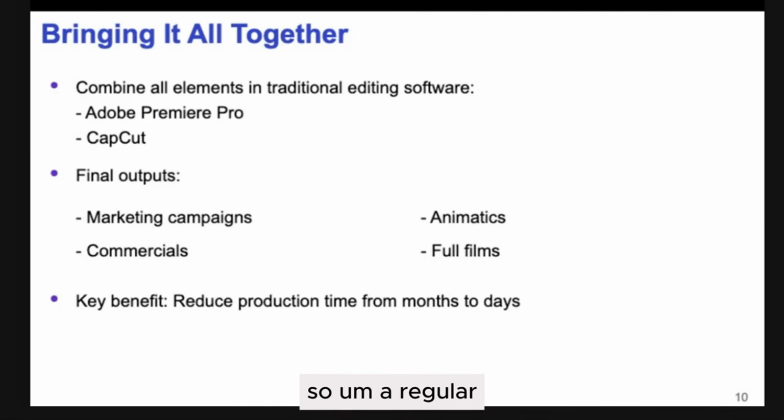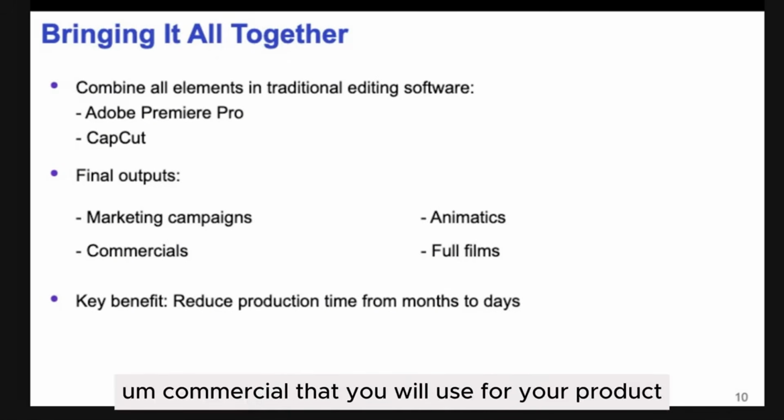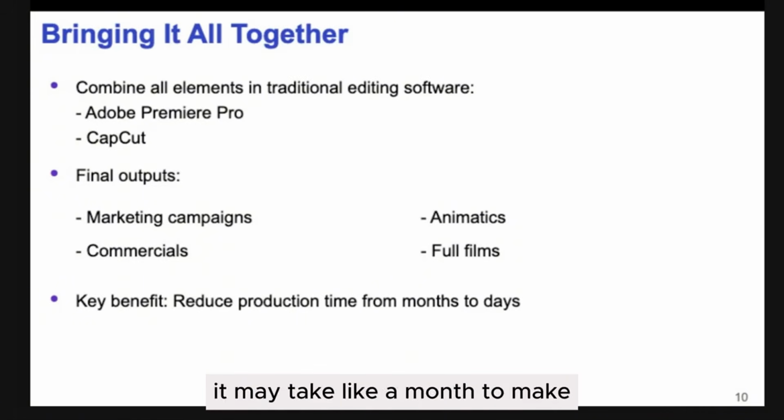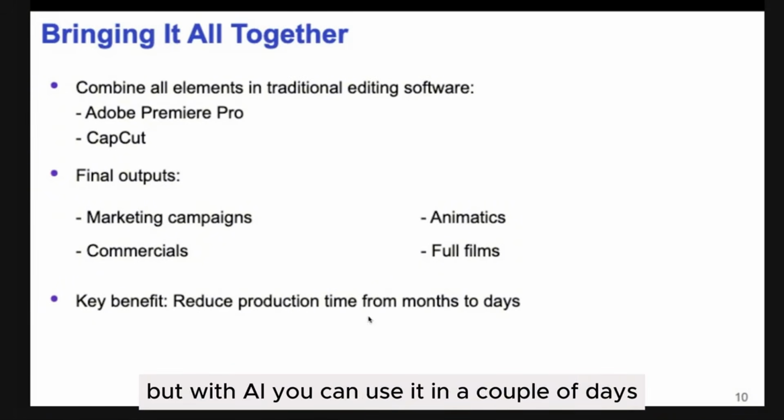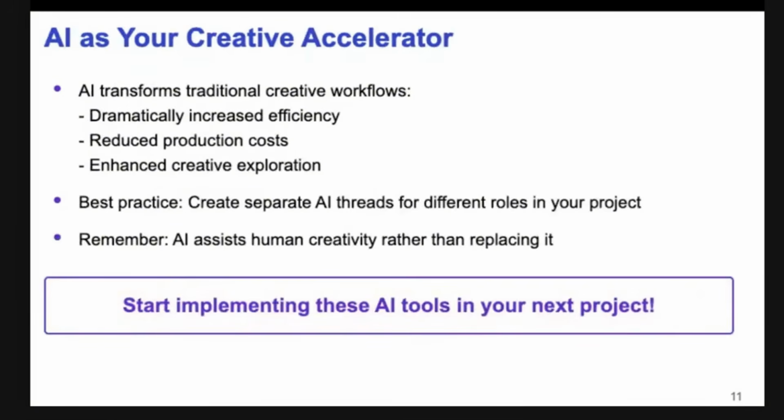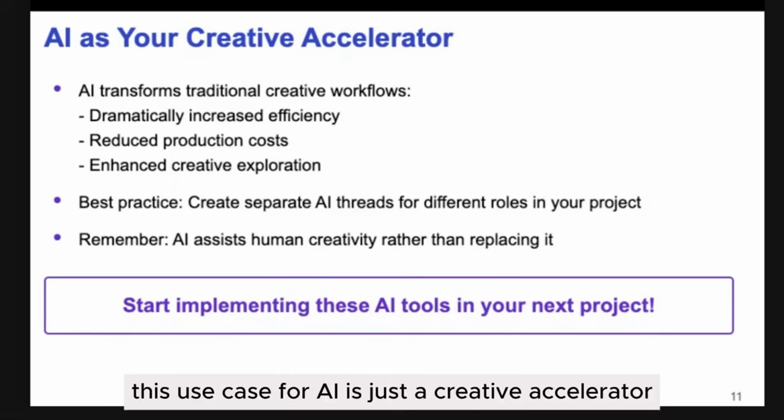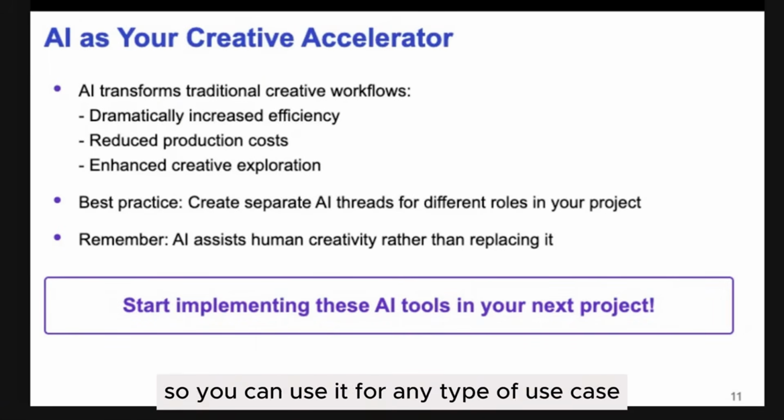So a regular commercial that you would use for your product may take a month to make, but with AI, you can do it in a couple of days. So again, this use case for AI is just a creative accelerator. You can use it for any type of use case.